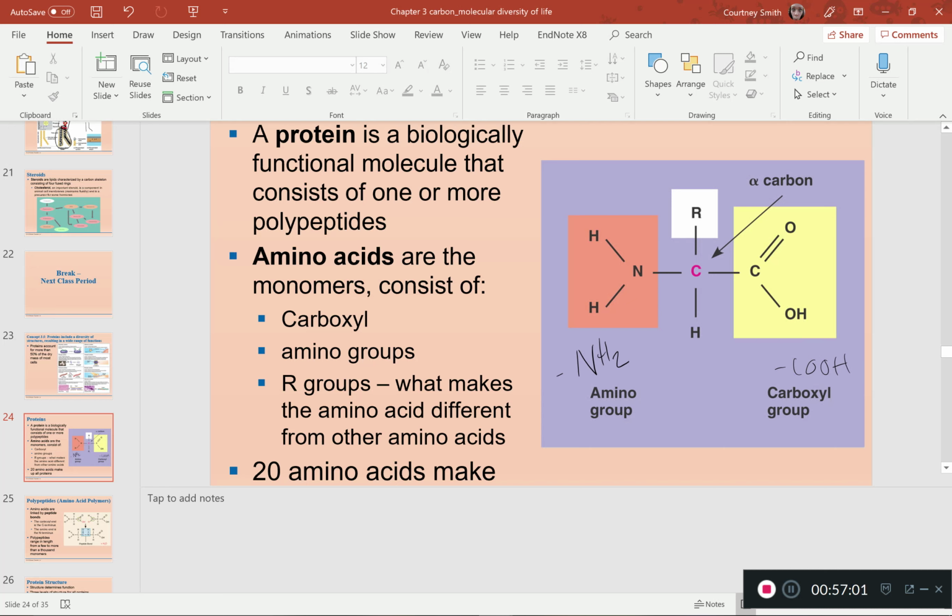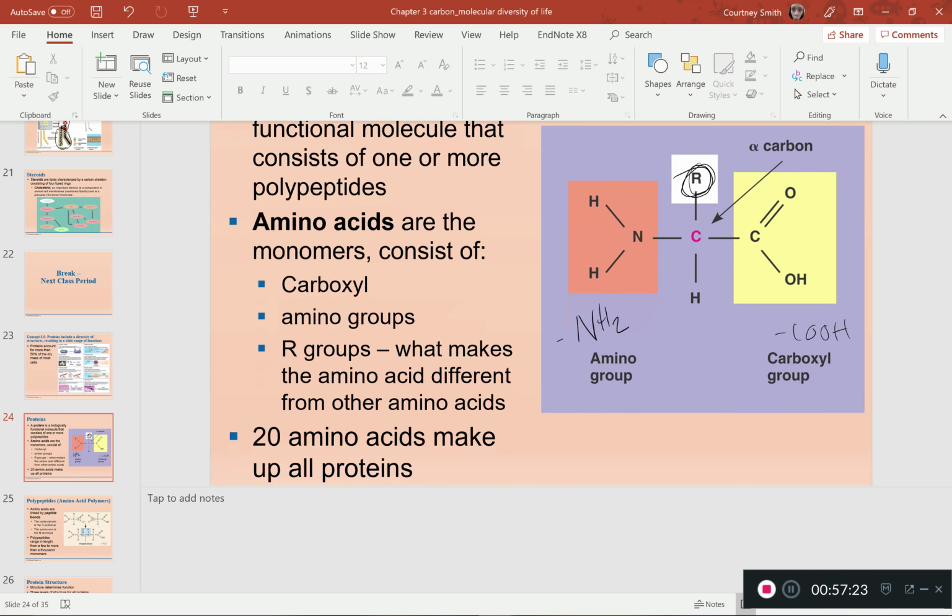And then this R group, so this R group is the one that's variable. This is the one that can produce many different structures, some as simple as just 1 additional carbon, or even as complex as a ring structure. So that will vary, and that's why we can get so many different amino acids. And we have a total of 20 amino acids within our body that we do synthesize.